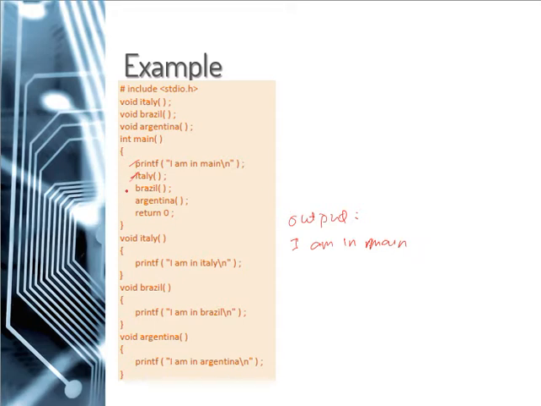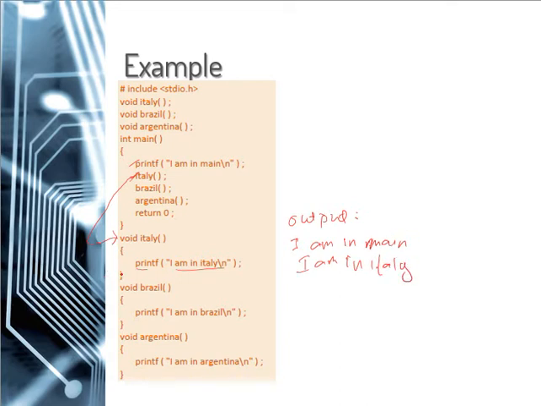Itawag niya si Italy nga function. So, as you can see, since itawag man niya si Italy nga function, mo adto si compiler na to diha sa Italy. And then, tanawon niya ang content. And as you can see here, igipa-print niya ni nga line. So, ma-print ni siya. I am in Italy.